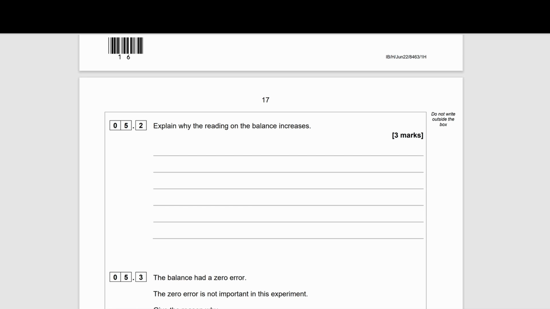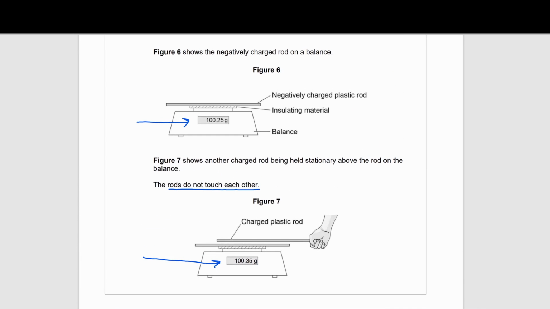5.2. Explain why the reading on the balance increases, 3 marks. So let's go back to the figure again. The rods are not touching each other, but somehow the balance reading is going up. For any balance reading to go up, it must mean that something is pushing down on it.